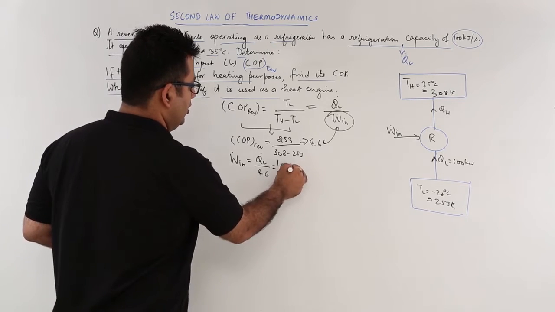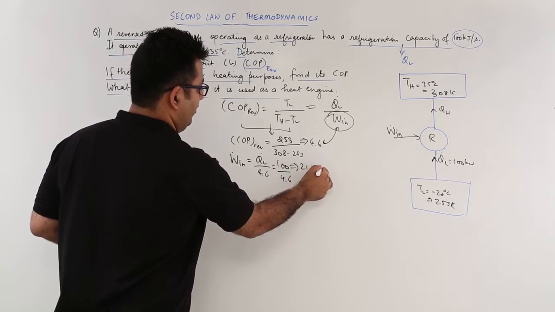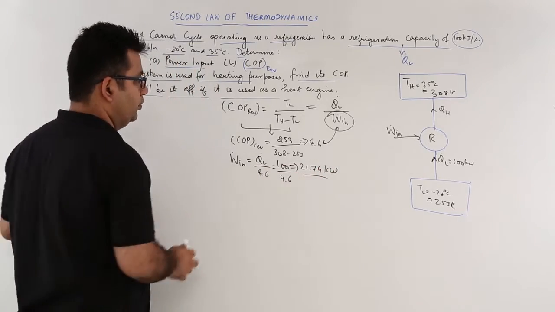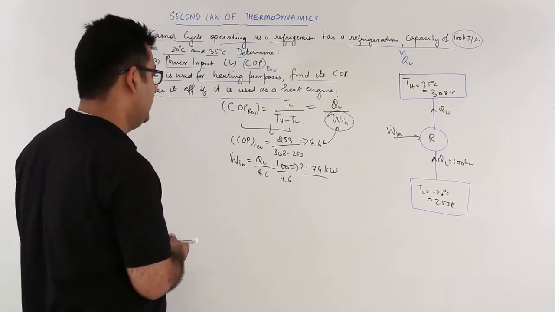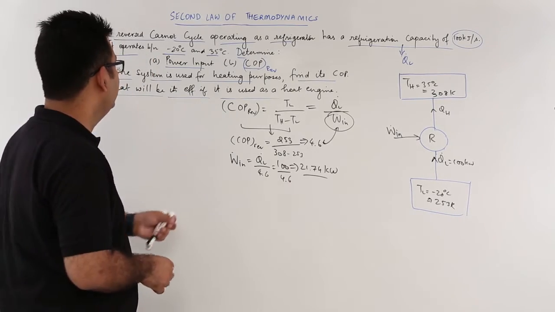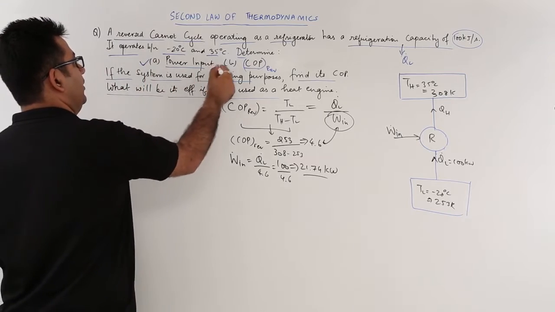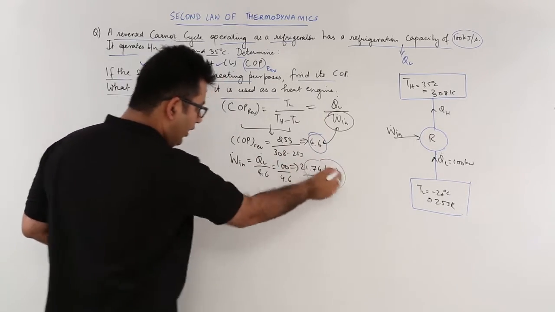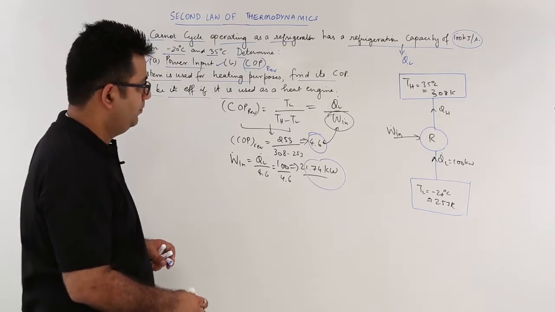That gives you 21.74 kilowatts. You can use your scientific calculators and find out this value. So this is done. We are done with these two parts of the question. We have found out the COP, we have found out the power input.